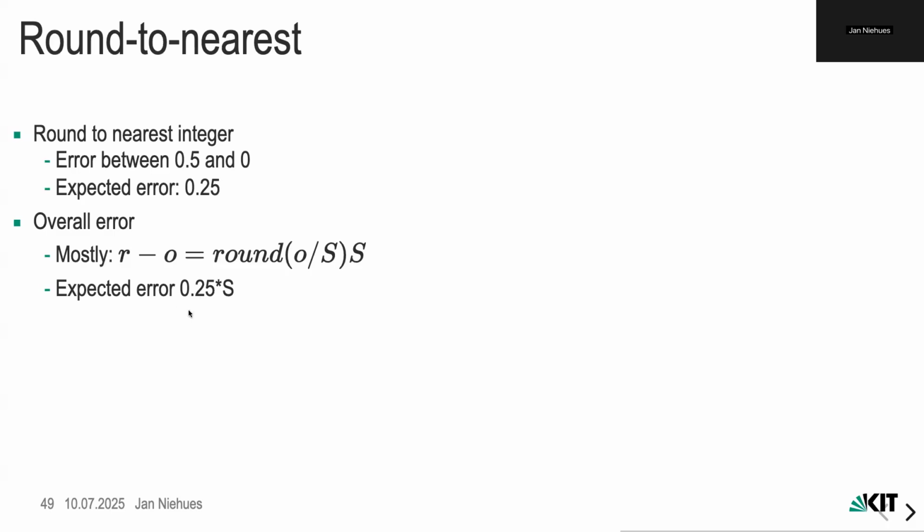So the overall error is like 0.25 times S. Of course, if you have a larger scale, if you scale your values more, it's obvious that your error also gets higher, because that's how you quantize.